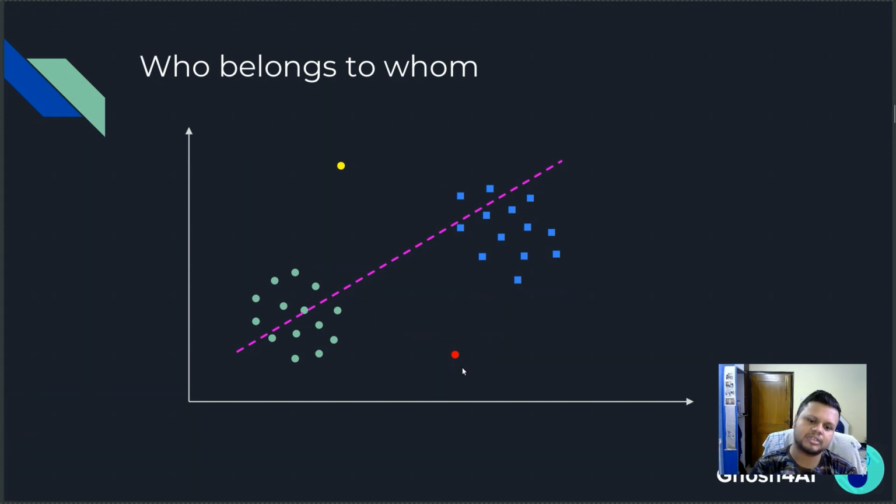But in fuzzy c-means, instead of giving a full right, the captain will not have full right over the player, rather the membership of this player to a specific team will be in the ratio of the distances from the captains.